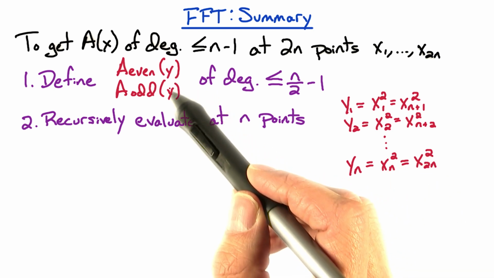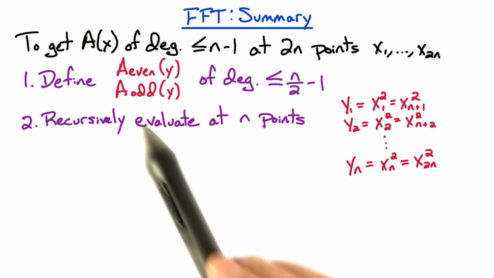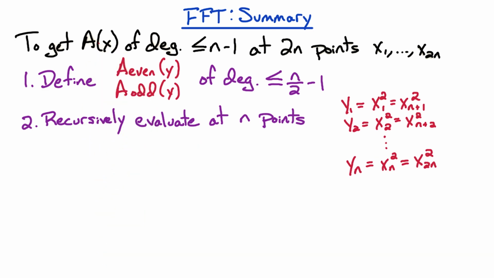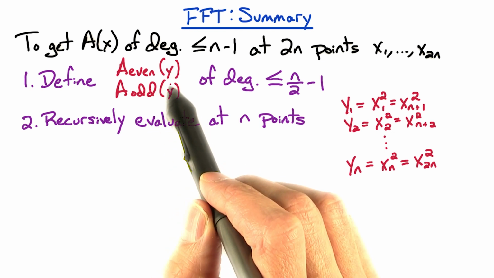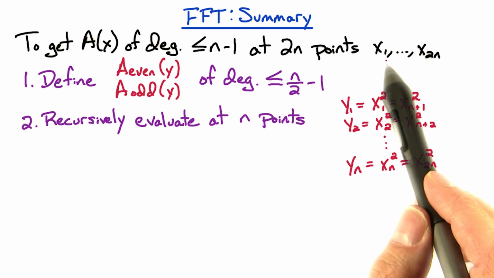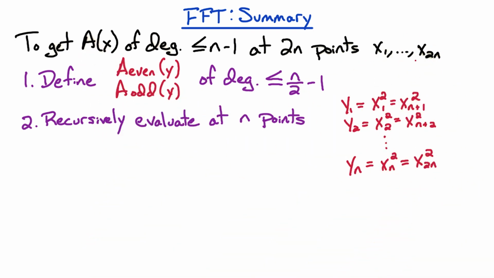Why do we want this pair of polynomials at the square of these 2n endpoints? Well, recall, to evaluate this polynomial a at this point x, it's straightforward if we know a even and a odd at the point x squared. So if we know this pair of polynomials at the square of these points, then it's straightforward to get a at these 2n endpoints.